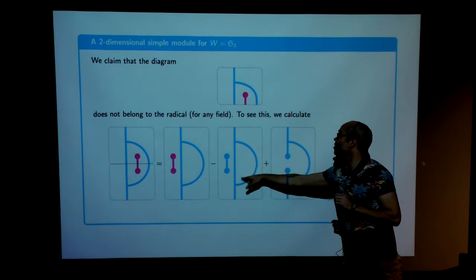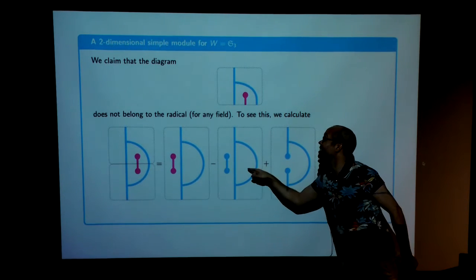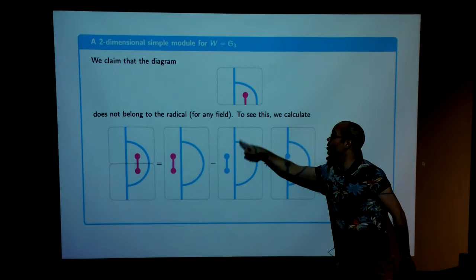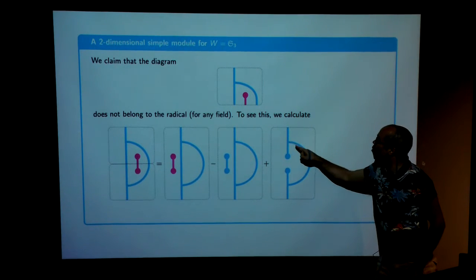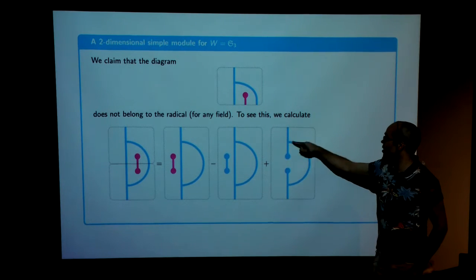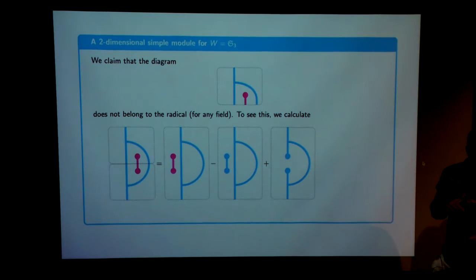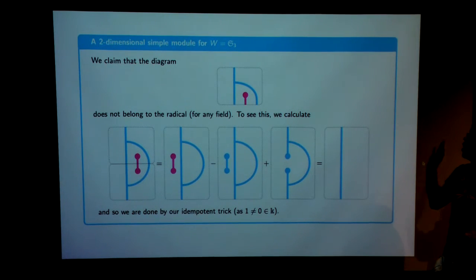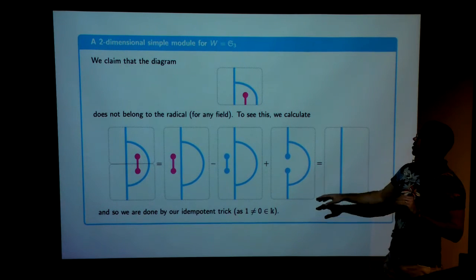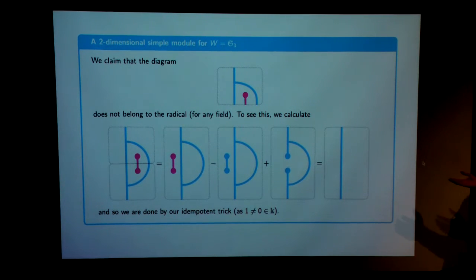If I put that one on top of itself, these two are actually 0, because I've got a fork on top of another fork. And this one I can straighten out using the fork spot relation, where this all just ends up being one strand. So this is just equal to this on the nose with no coefficient. And so this is completely independent of the characteristic of the field, and I was right with my claim, so I didn't fail in the talk.